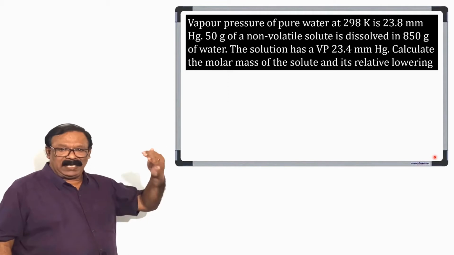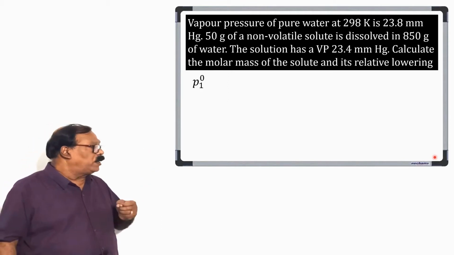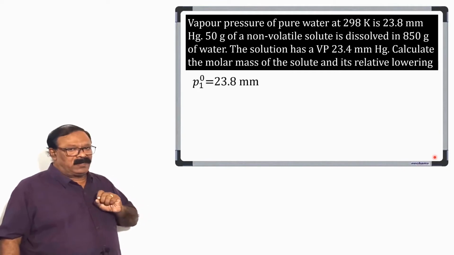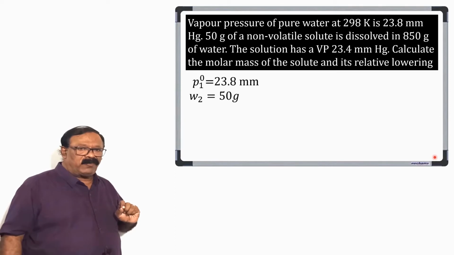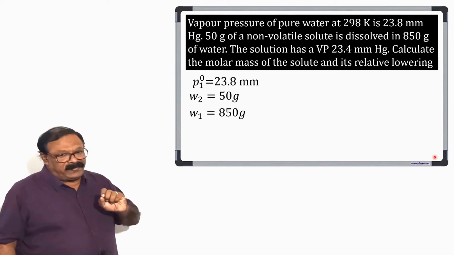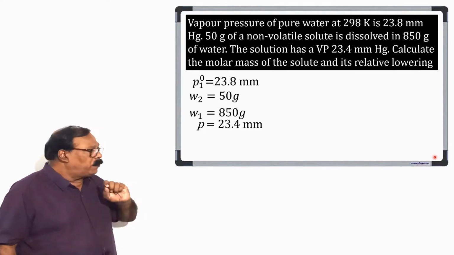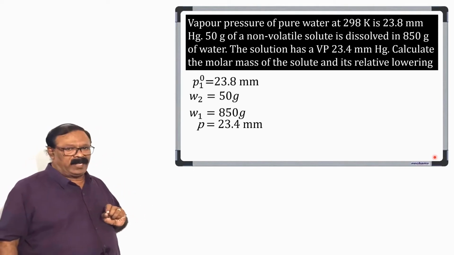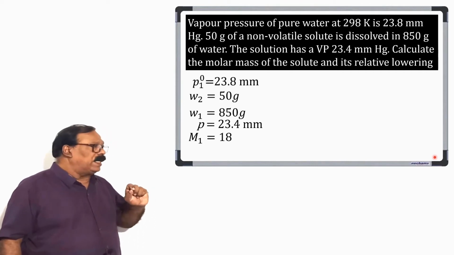Here again, make a list of the data given. So P01 is given as 23.8 torr. Weight of solute W2 is 50 grams. Weight of solvent W1 is 850 grams. Pressure of the solution P is equal to 23.4 millimeters of mercury. Molar mass of solvent water M1 is 18.